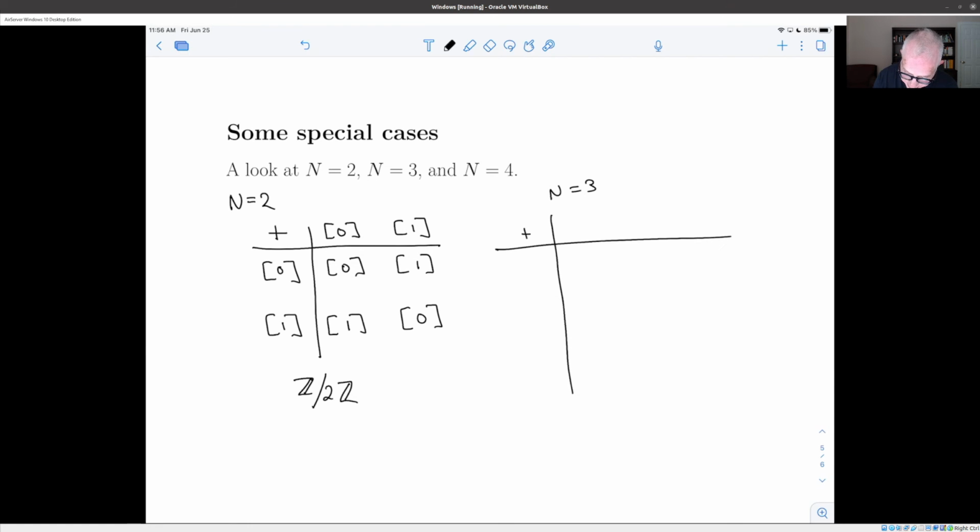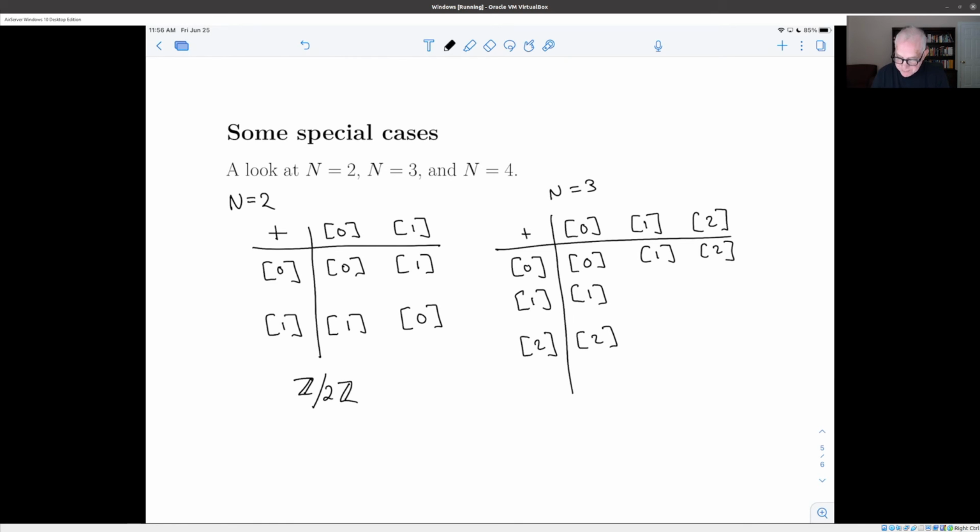now we have 3 classes: the numbers with remainder 0, the numbers with remainder 1, and the numbers with remainder 2. If you add a number with remainder 0, nothing happens. If you add a number with remainder 1 to itself, you get a number with remainder 2.